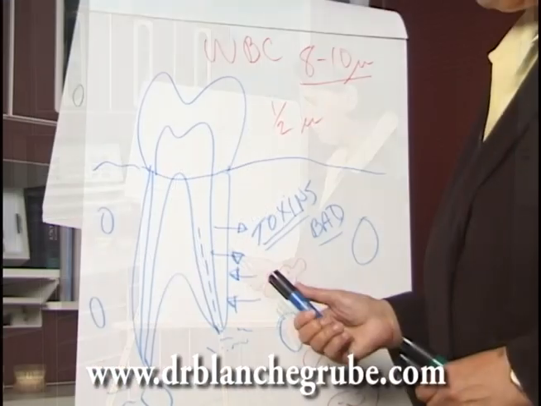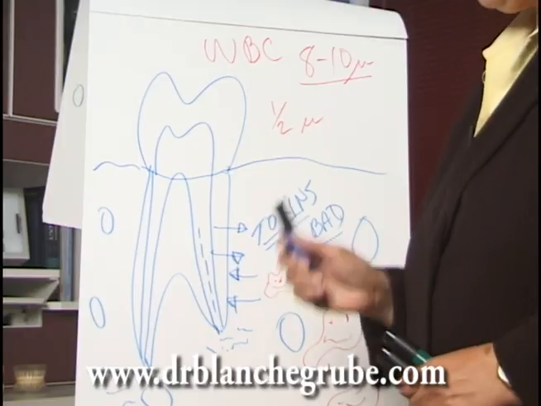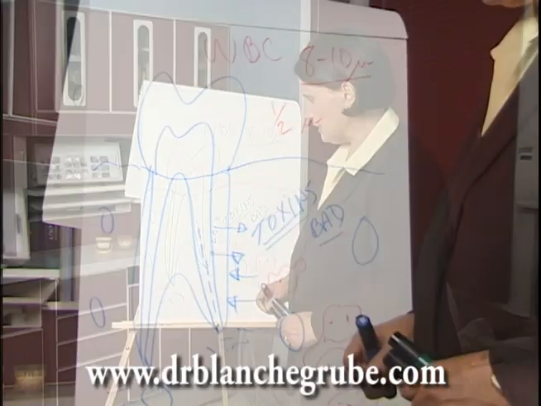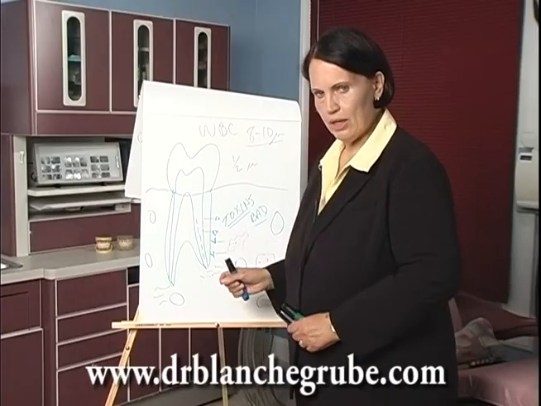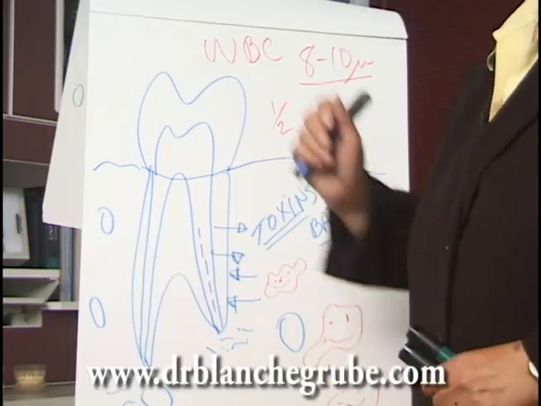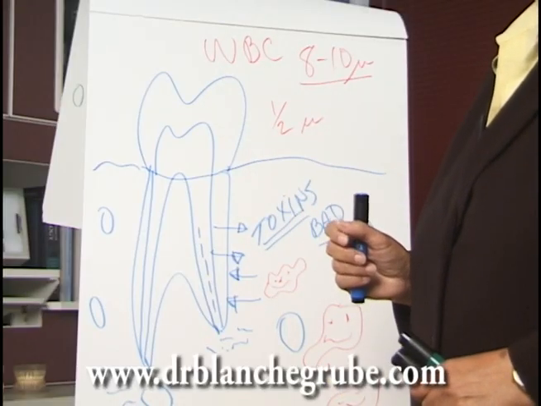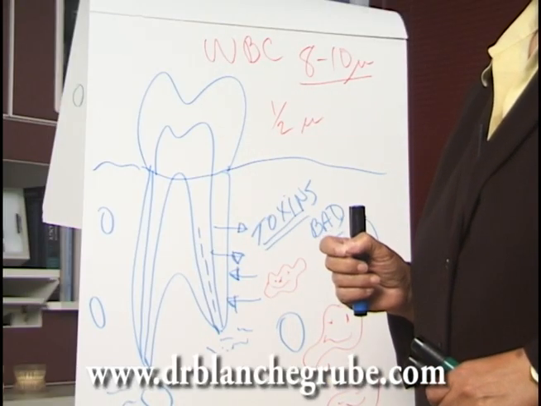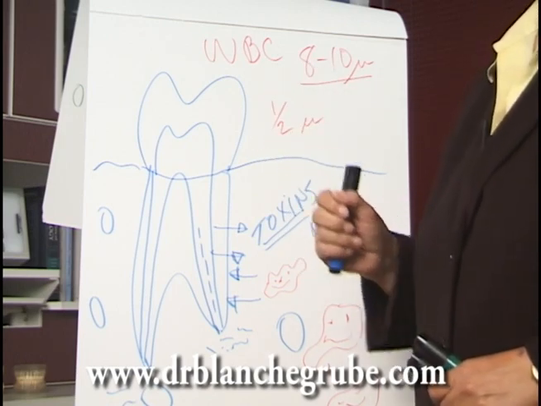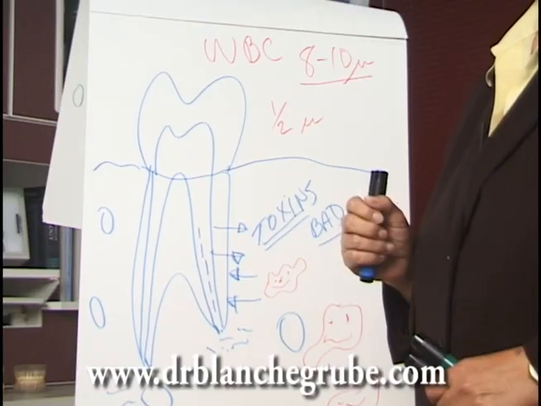So if a root canal tooth is done very well by an excellent dentist, an excellent endodontist, that's a root canal specialist, if it's done very, very well, the white blood cells can't get anywhere near this tooth. When you hold that tooth up on an x-ray, it looks perfect. And everybody thinks, wow, what a great root canal.